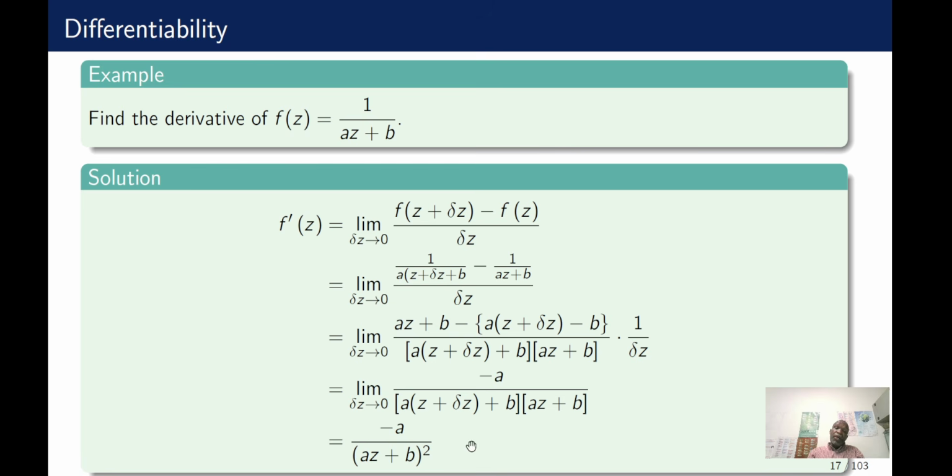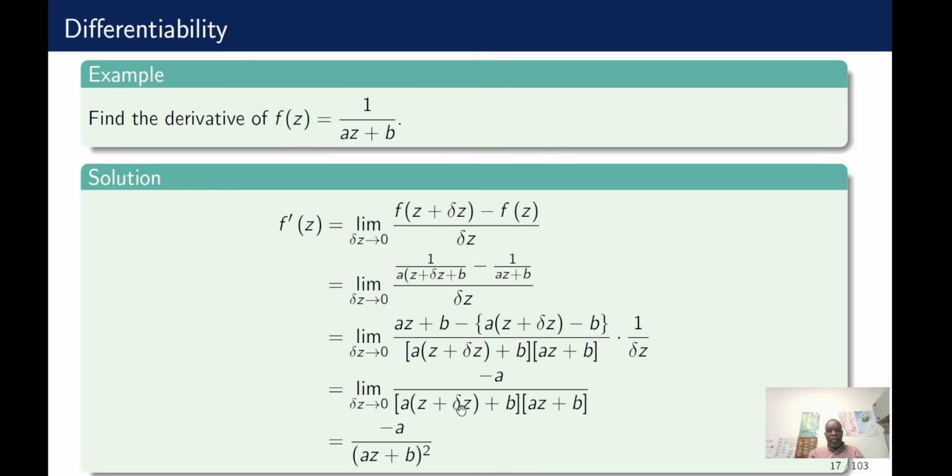So to get the derivative, we have to evaluate this limit. So we are letting delta z go to 0. I've always mentioned this: the first port of call of evaluating a derivative is to just try to substitute this and see whether that works. So if you substitute delta z equals 0, we are going to have a 0 here.